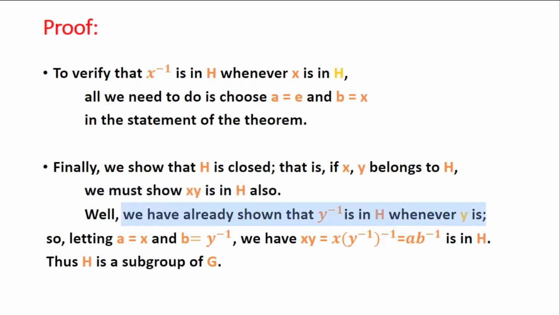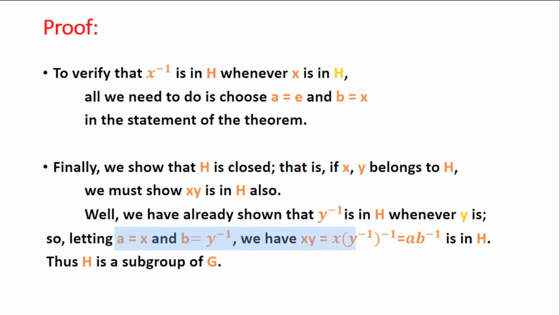Well, we have already shown that y^-1 is in H whenever y is, so letting a = x and b = y^-1, we have xy = x(y^-1)^-1, which is again of the form ab^-1 and is in H. Thus, H is a subgroup of G.